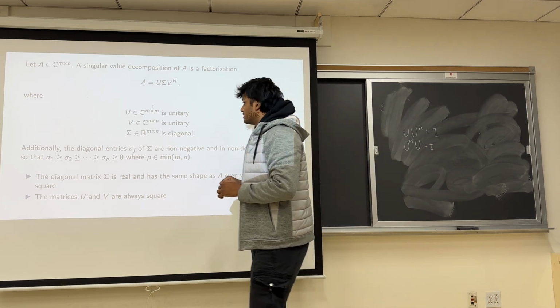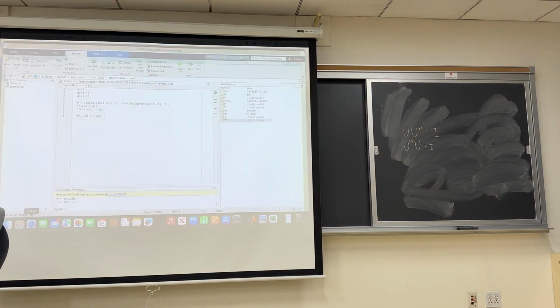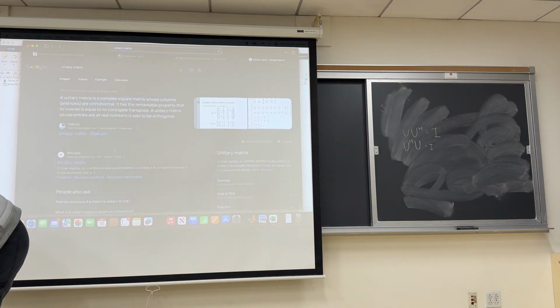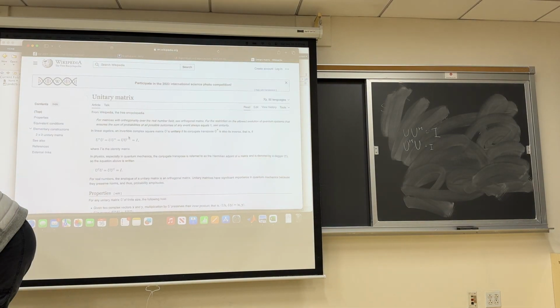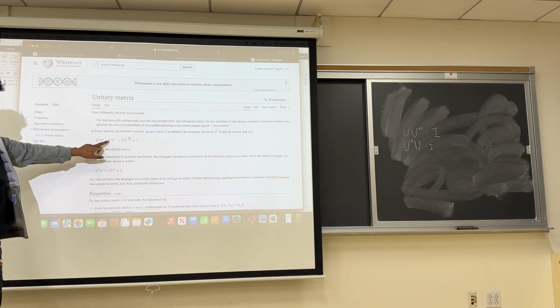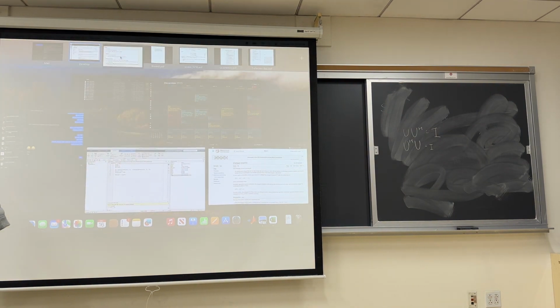However, let me just verify. Yep. So a unitary matrix is one where U star and U are inverses of each other. So that's a unitary matrix.